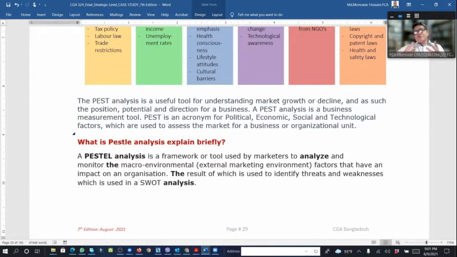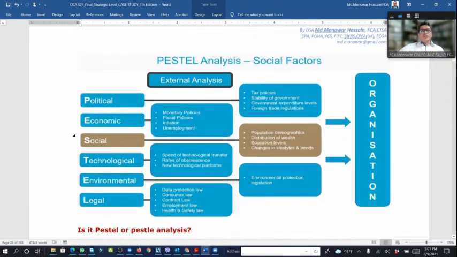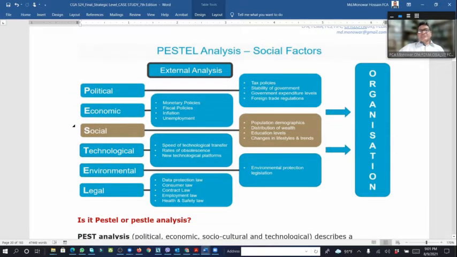So how do those factors affect the organization? The result of which is identified threats and weaknesses, which is also part of SWOT analysis. Here we have seen PEST analysis.